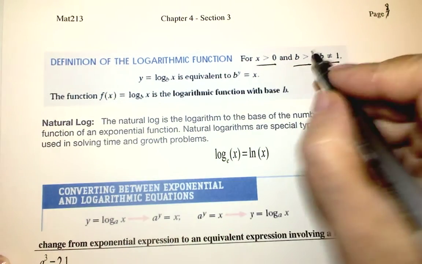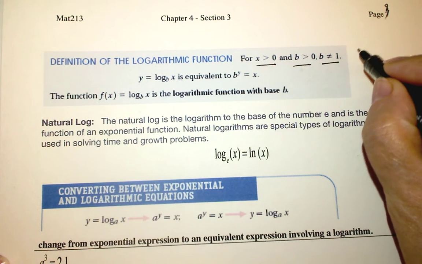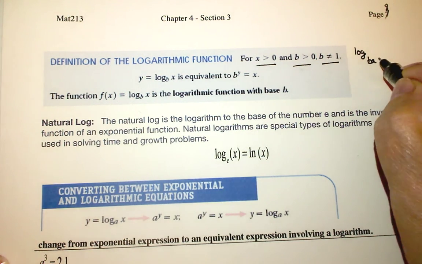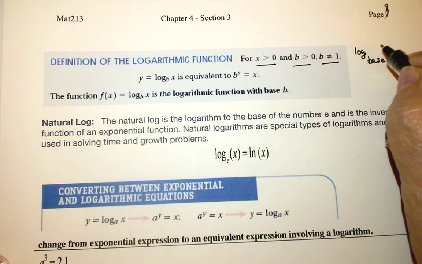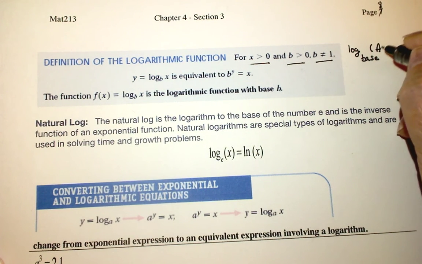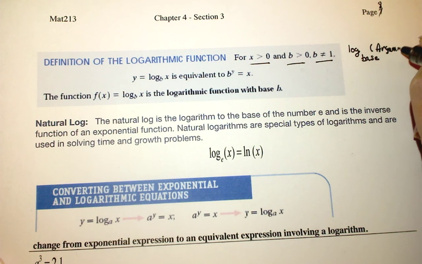If I'm taking a look at a logarithm, you have the log, you have the base of the log, and you have what you're taking the log of, which does have a name. It's called the argument. And then you have what the log is equal to.